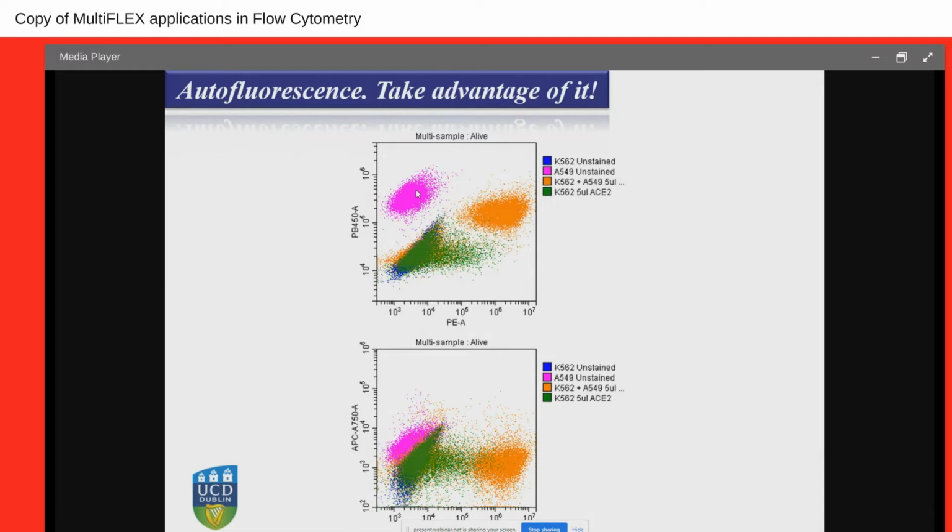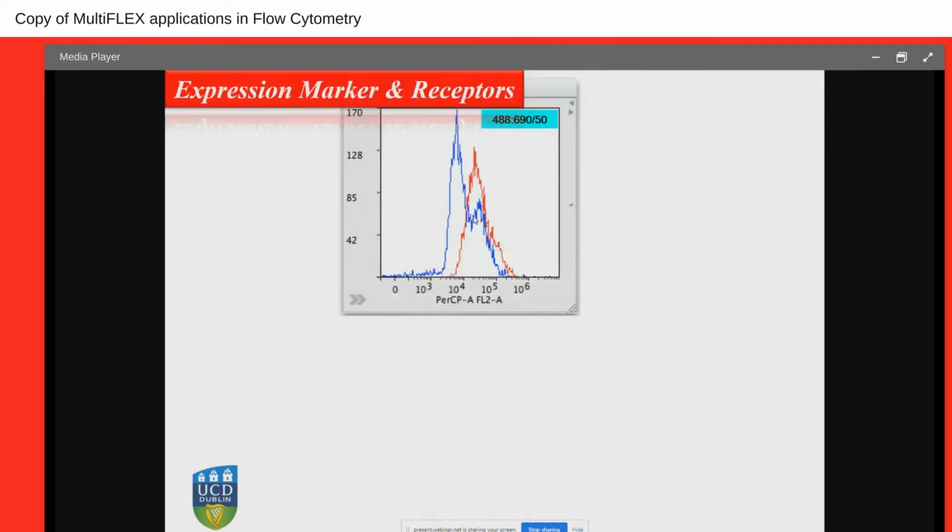Even more, what we can see is that when they are producing the protein, the level of autofluorescence of this cell line drops down. And this wouldn't have been seen if we hadn't played with these levels of autofluorescence. Okay? So look at other channels, not just to put colors, but also to understand how your cell is working.